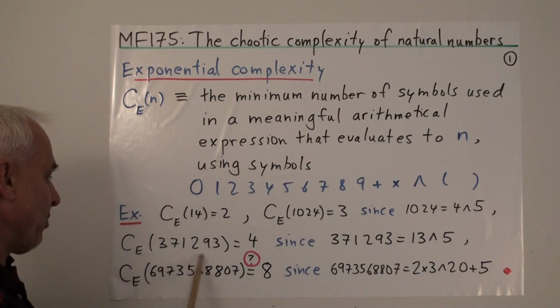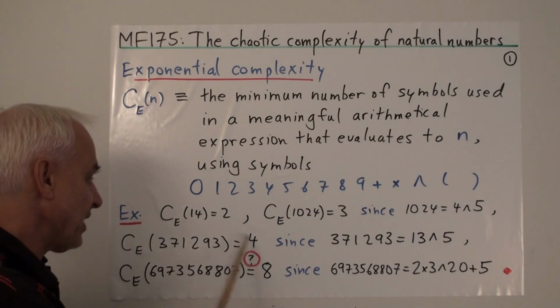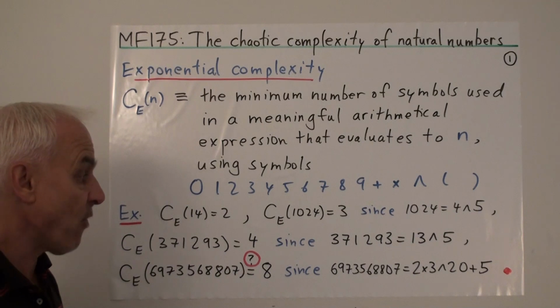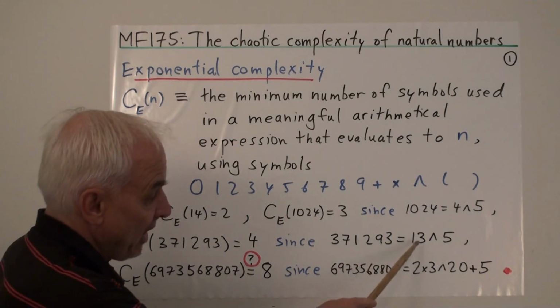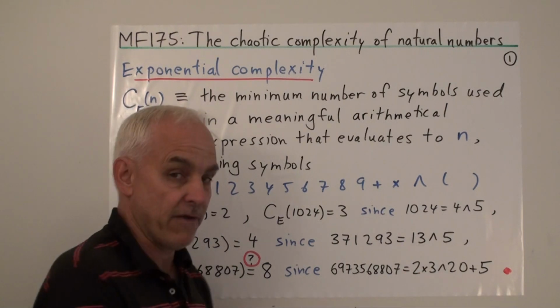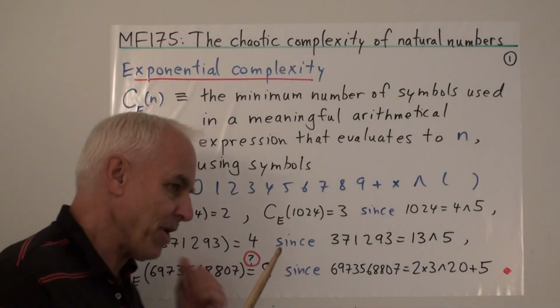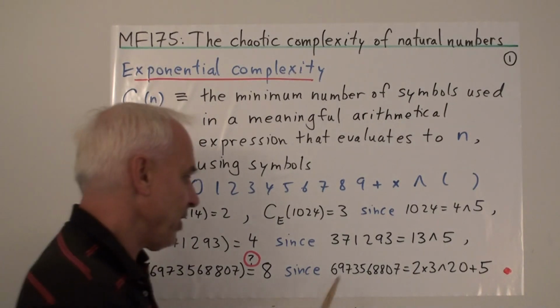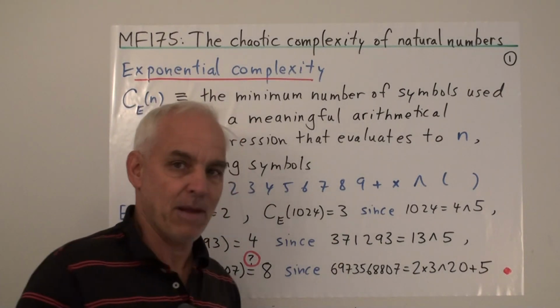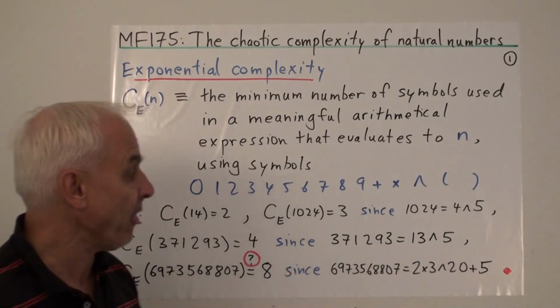How about this somewhat bigger number, 371293? Well, it turns out that its complexity is 4 because it happens to be a perfect power. It's 13 exponent 5, or 13 to the 5. Now, if we're not that familiar with our exponents, we wouldn't perhaps guess that this particular number is an exponent of this kind, a rather special kind of number.